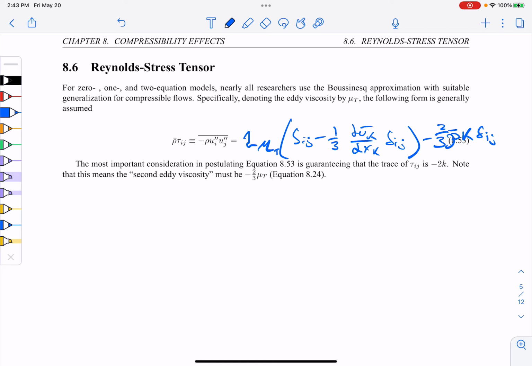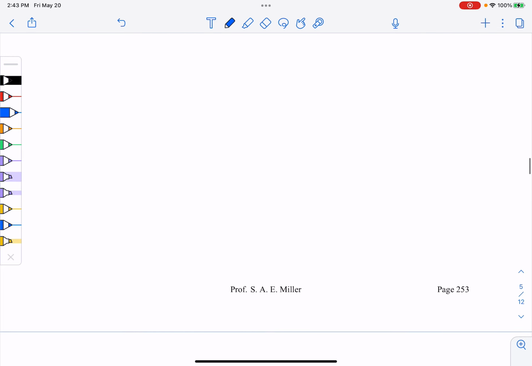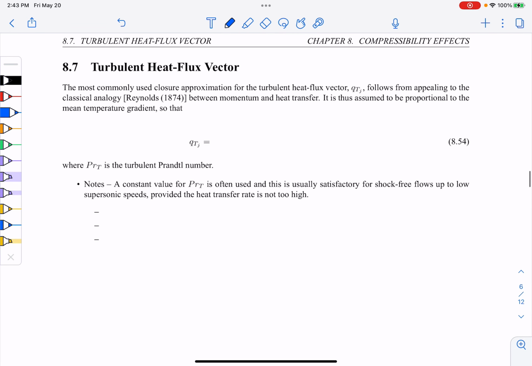Let's look at the turbulent flux vector for heat transfer. And usually this is a common closure approximation for, say, Qt sub j. And we try and use what Reynolds did in 1874, but for high-speed compressible flows. And we'll assume that it's proportional to the mean temperature gradient.